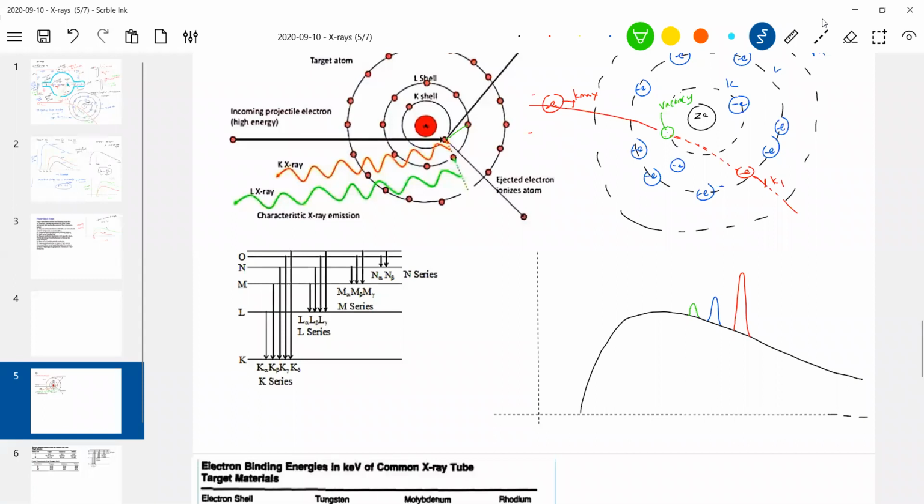Then next, similarly, L alpha, L beta, this one. So I think I'm showing K and L alpha. This will be L alpha, L beta. This is called K alpha. This is lambda K alpha, this one.